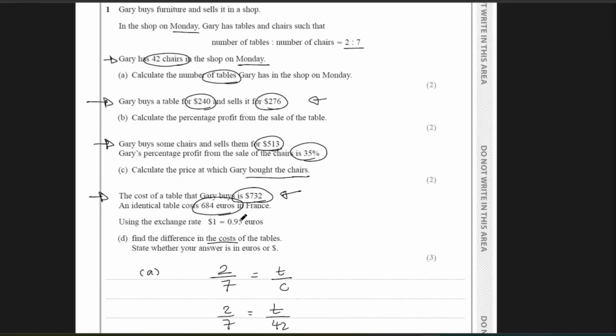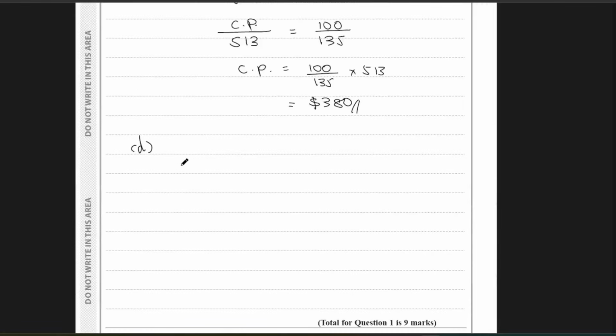So let's convert $732 into euros first. Gary's cost price is $732, and we'll convert this into euros. We'll multiply this by 0.95. This gives us 695.4 euros.